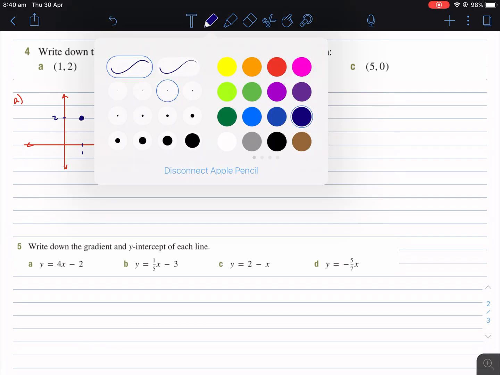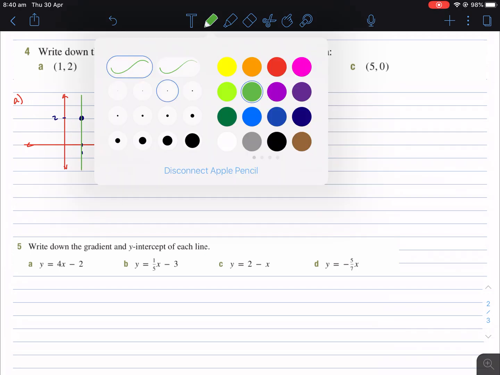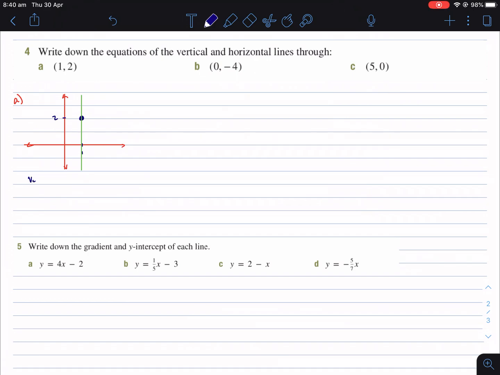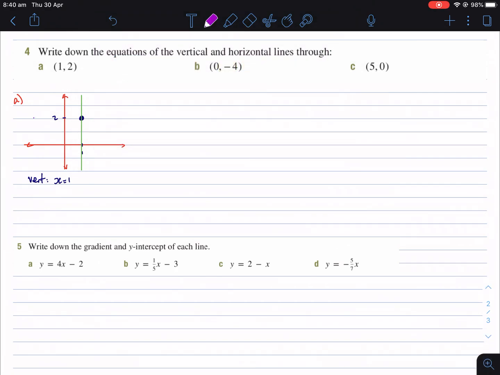The vertical line through this, you can see it's x equals 1. The horizontal line through this, you can see is y equals 2. So it's just like x, y.